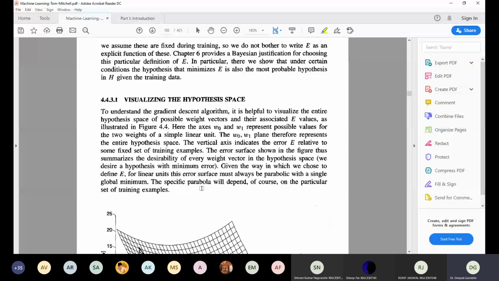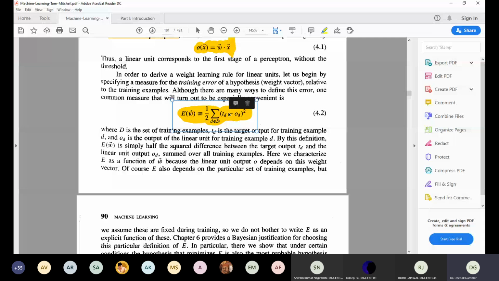This is the error you will compute, that is target minus output whole squared, added up. That is the sum of squared error, in short SSE, written as E of w, where w means the weights.